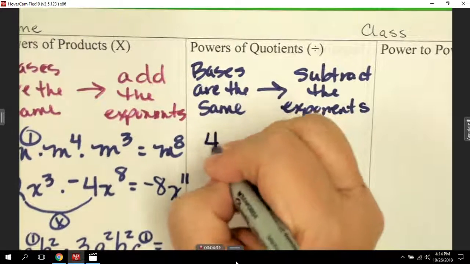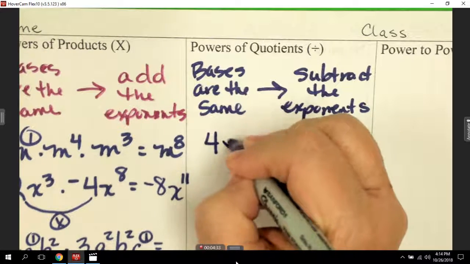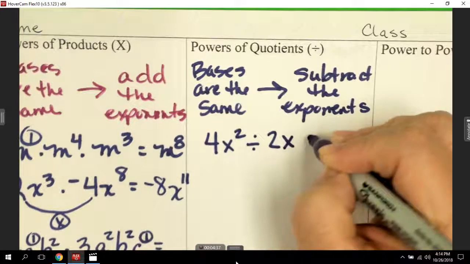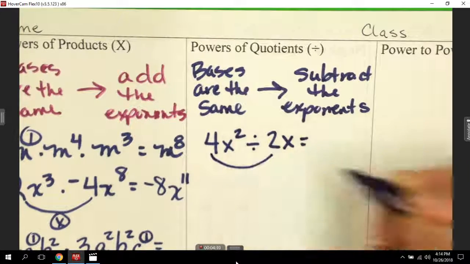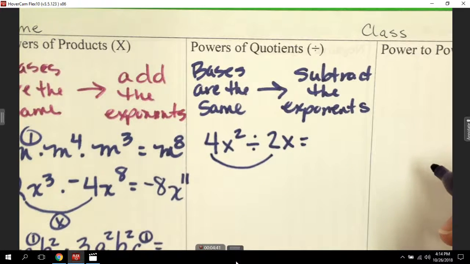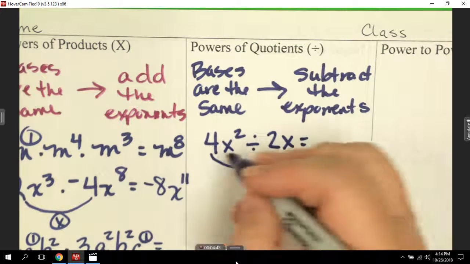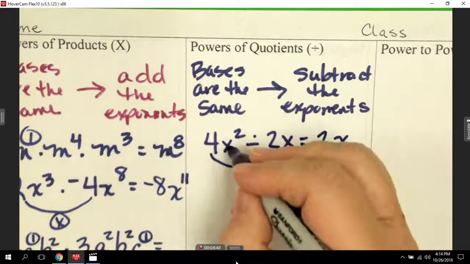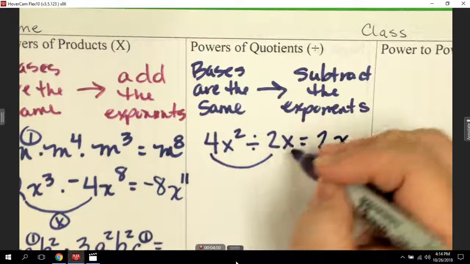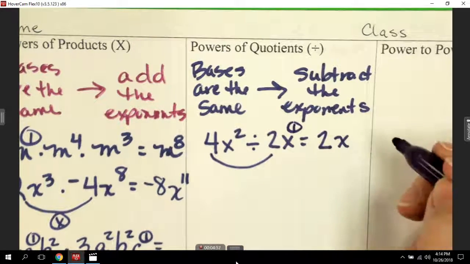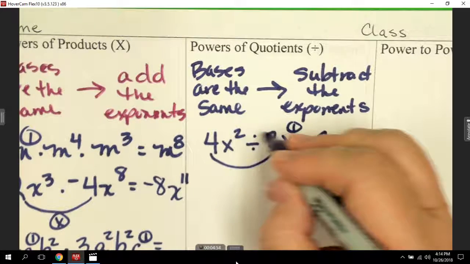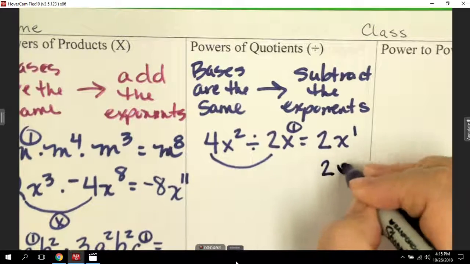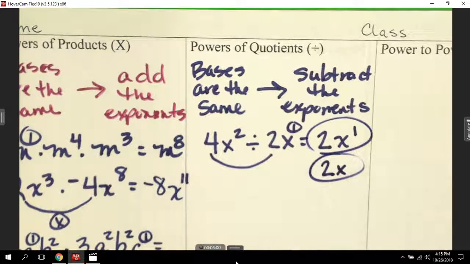So, our first example, 4x to the second power divided by 2x. Our bases don't match. We're going to divide them just as we normally would. 4 divided by 2 is 2. X to the second divided by x, remember there's a 1 here, it's understood. 2 minus 1 is 1. And we could simply write that as 2x.